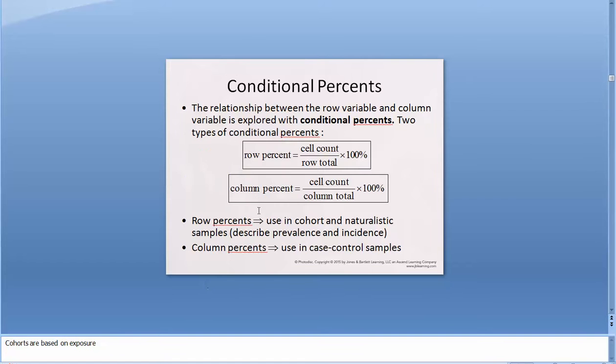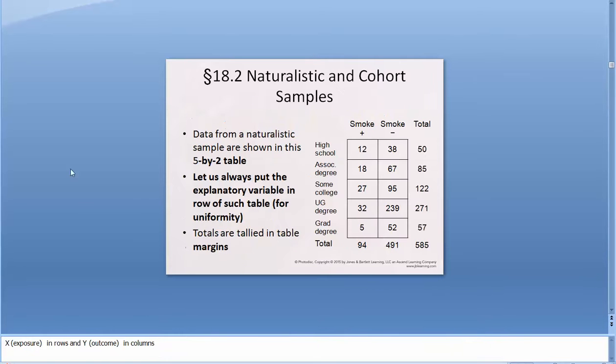And then column percents you can calculate the same way. Let me go back here. Column percents will be like 5 over 94, which would be the proportion of graduates who are smoking.